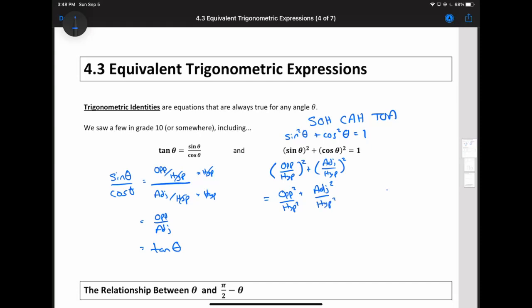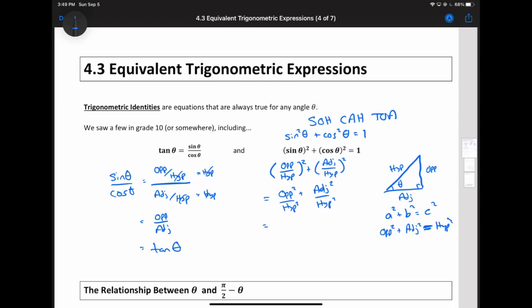But if you recall, for a right-angled triangle, we have opposite, adjacent, hypotenuse. There was a formula that looked like this: a squared plus b squared equals c squared, or in our case we could call that opposite squared plus adjacent squared equals hypotenuse squared.